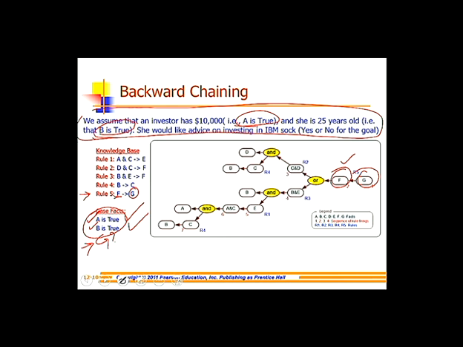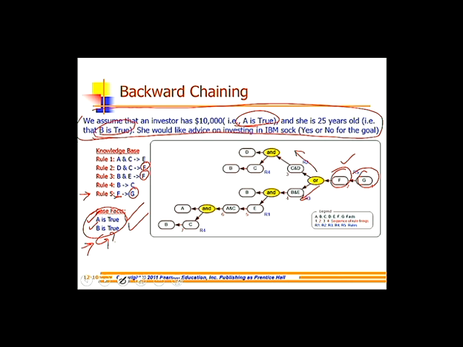We have two rules, rule 2 and rule 3. So it can be answered either by rule 2 or by rule 3. Rule 2 says that if C and D are true, then F is true.